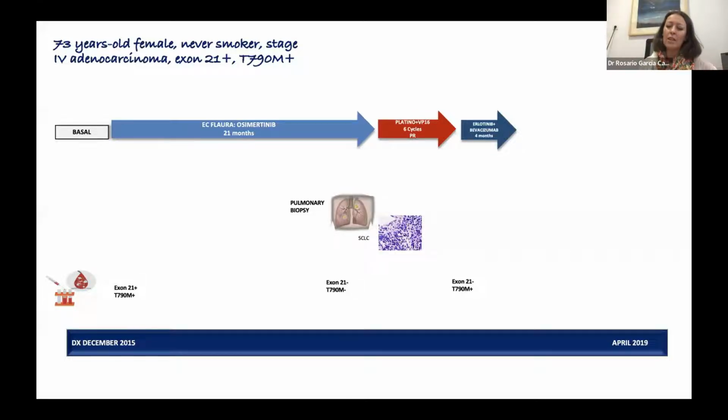This time we detected the T790M mutation, and we decided to try to confirm the results with the more than 360. No, sorry, we started erlotinib plus Avastin for 4 months, again progression, and we did a Guardant analysis at this time of progression.